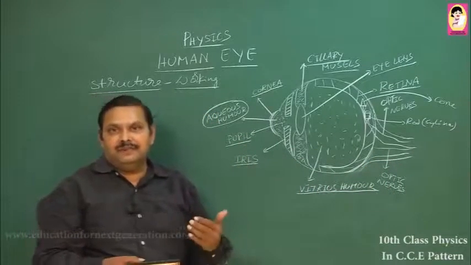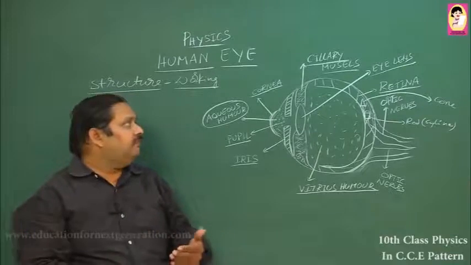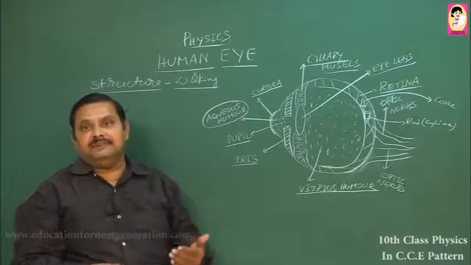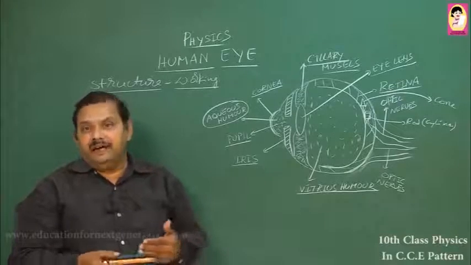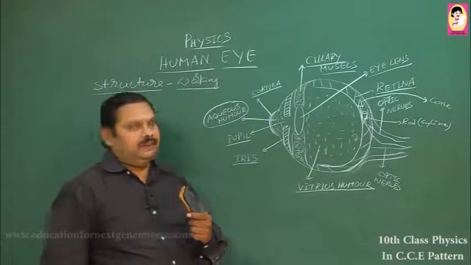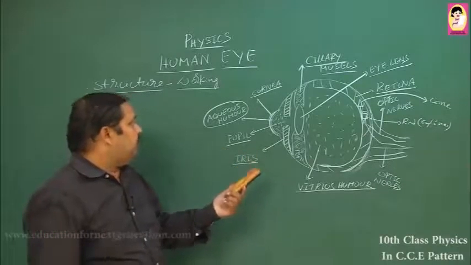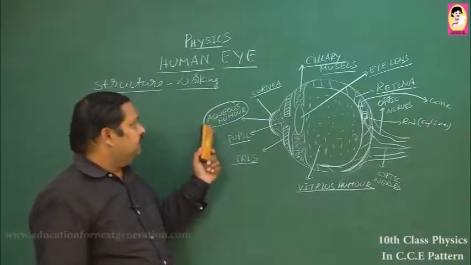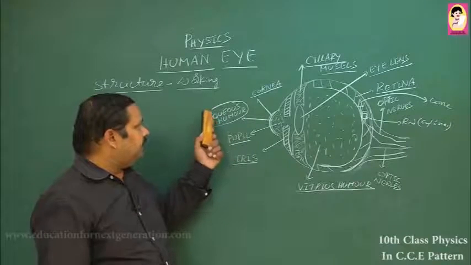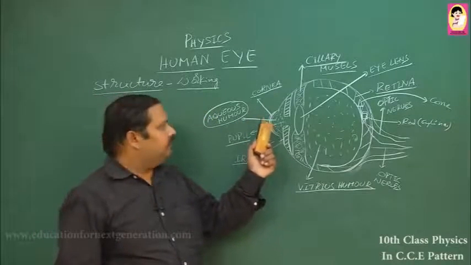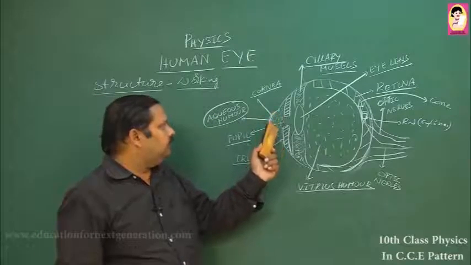Then we will be discussing the functioning of the human eye. That means, with the help of the eye, how can we see the objects that are placed in front of the eye? See the working of the human eye. When an object is placed in front of the eye, the light rays coming from that object first pass through the cornea and aqueous humor.